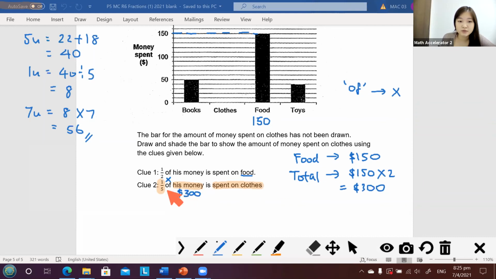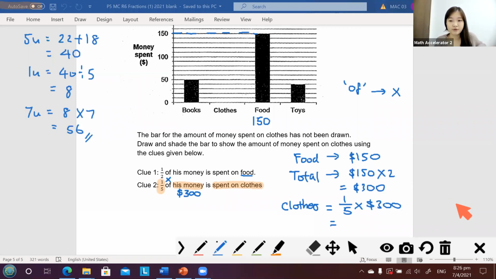So 1/5 times 300 can get you how much he spent on clothes. So what's your final answer? Go and calculate 1/5 times your 300.